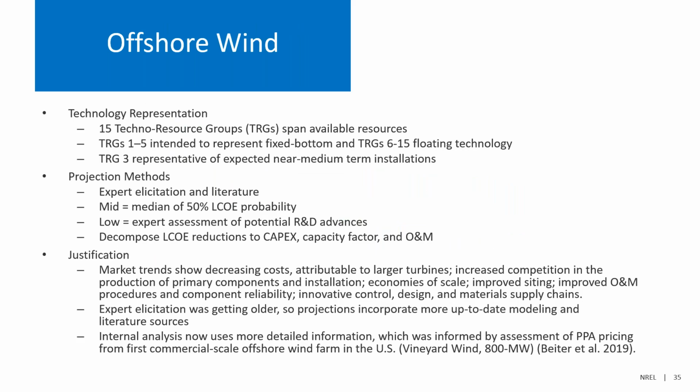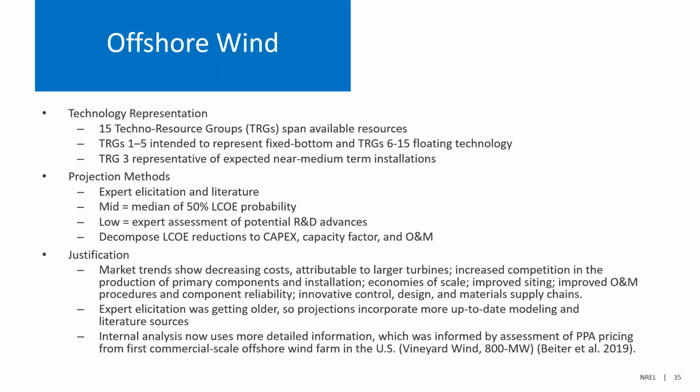Thank you, Tyler. So turning to offshore wind, in order to derive cost and performance values for the 15 techno-resource groups for offshore wind, we've exercised a spatial cost model, which has allowed us to estimate the levelized cost of energy and the composite cost components at more than 7,000 sites.